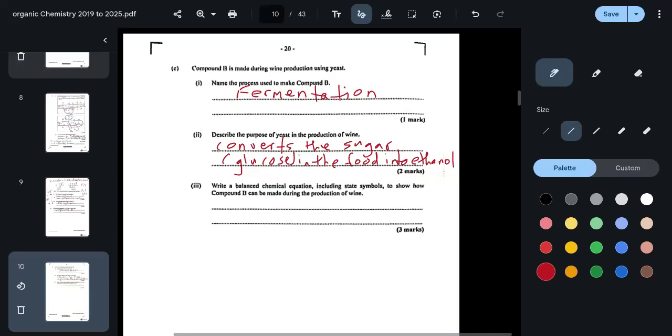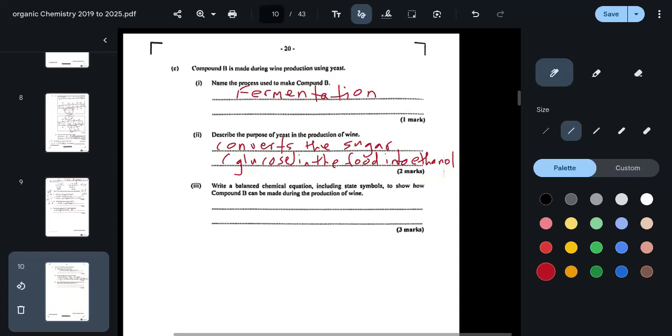When you look at aerobic and anaerobic respiration, remember for anaerobic respiration in humans, the product is what? Lactic acid, right? But in yeast, it's alcohol because it's fermentation.